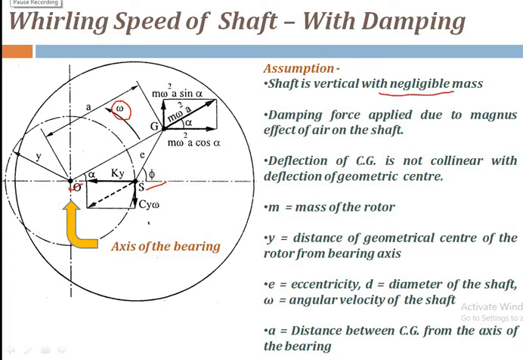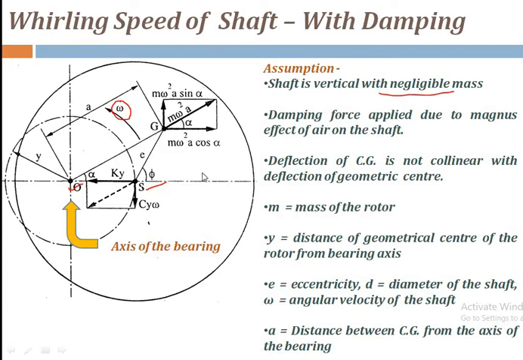Due to Magnus effect of the air on the shaft, damping force is produced which is proportional to the velocity of the shaft. Another assumption is deflection of the CG is not collinear with the deflection of geometric center. So point O, point S and point G do not lie on a single straight line.